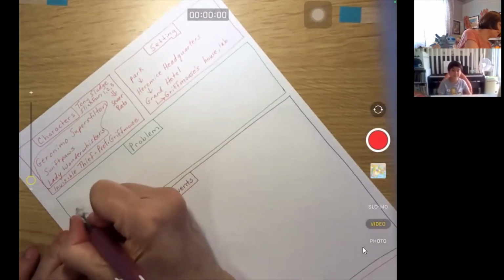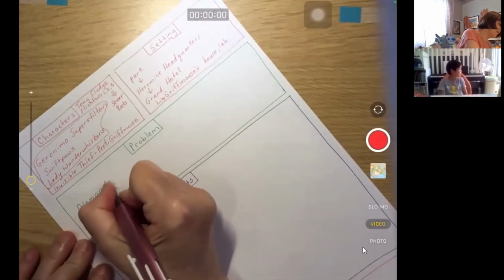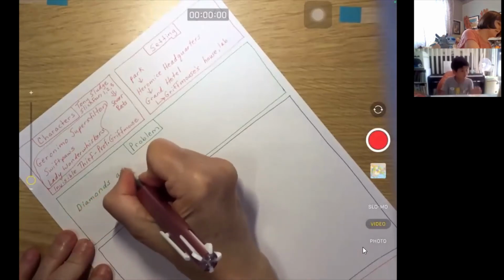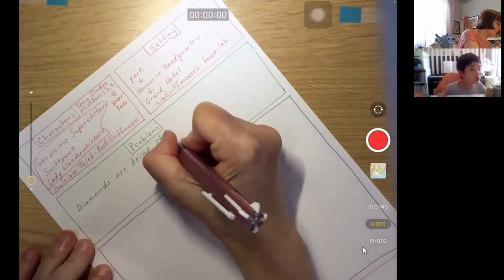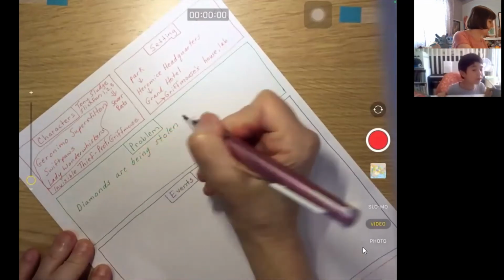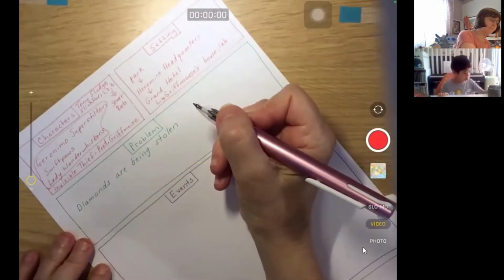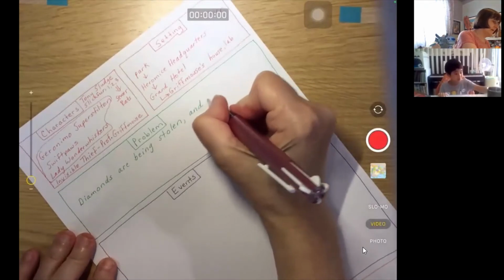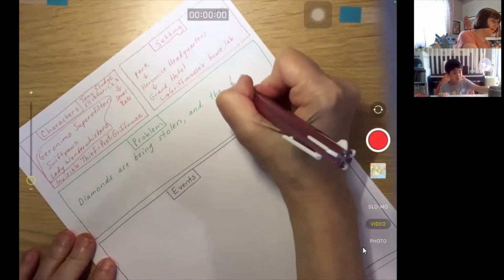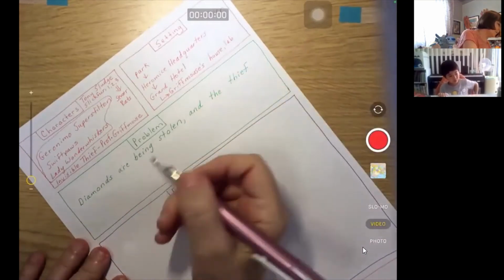So diamonds stolen. But you know, the problem is even bigger than that, because can they see the thief? Nope. The thief appears to be invisible.